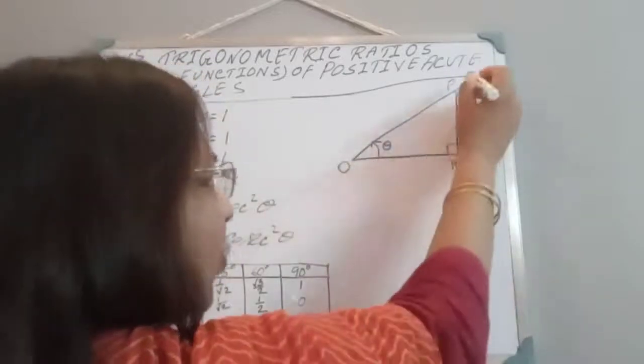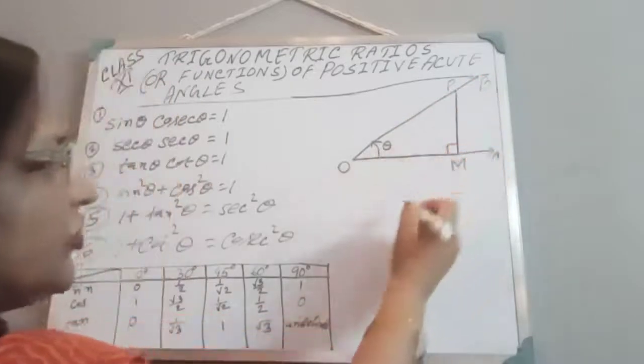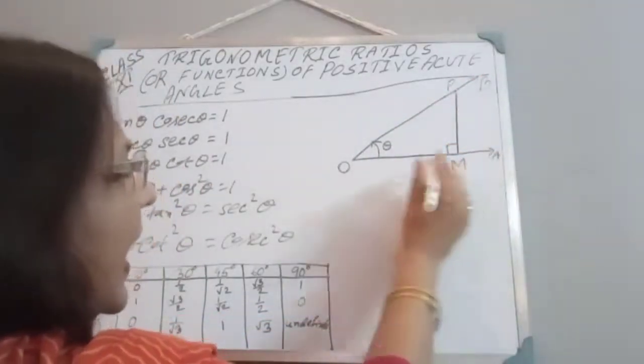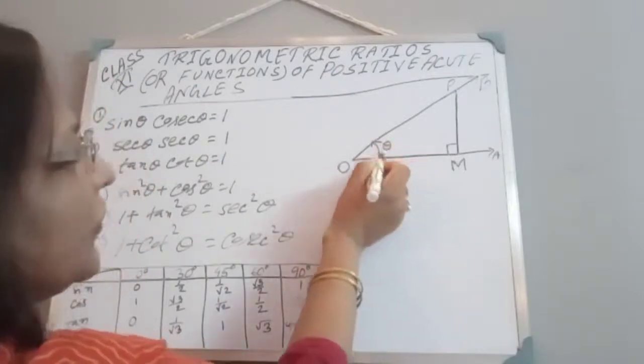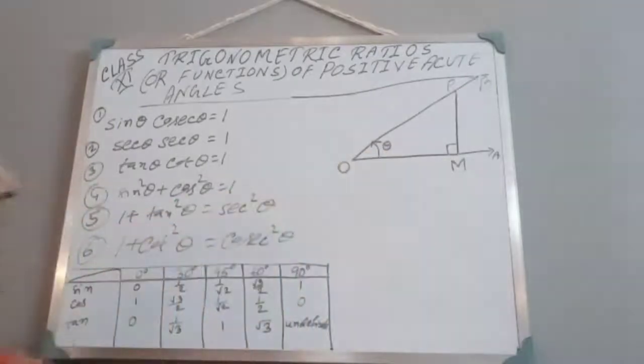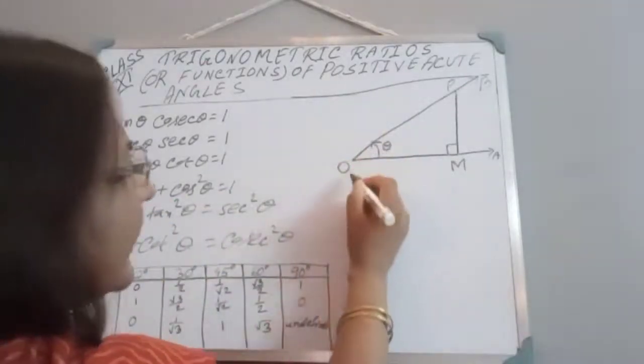On the line OB, P is a point taken, and from the point P a perpendicular PM is drawn on the initial line OA. With anti-clockwise movement, the angle traced out is theta. This is angle theta.